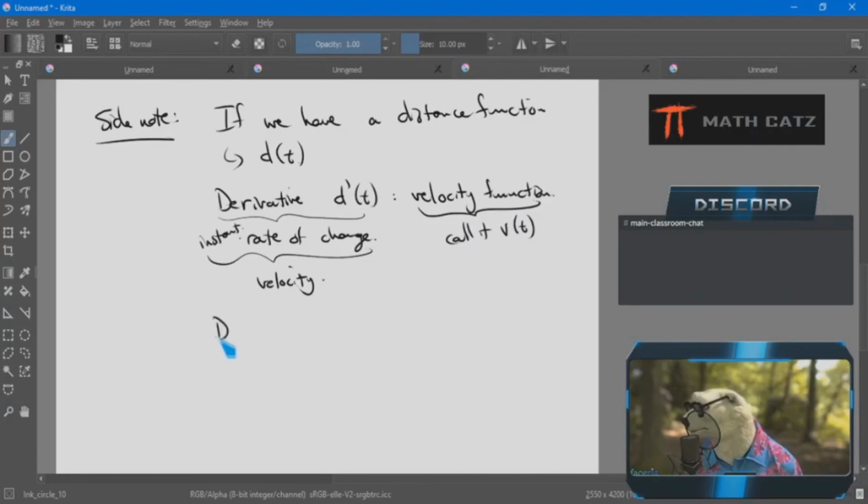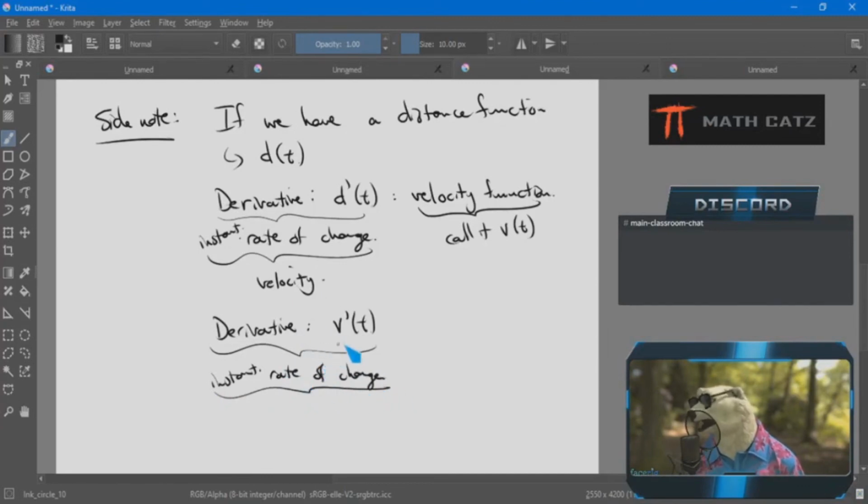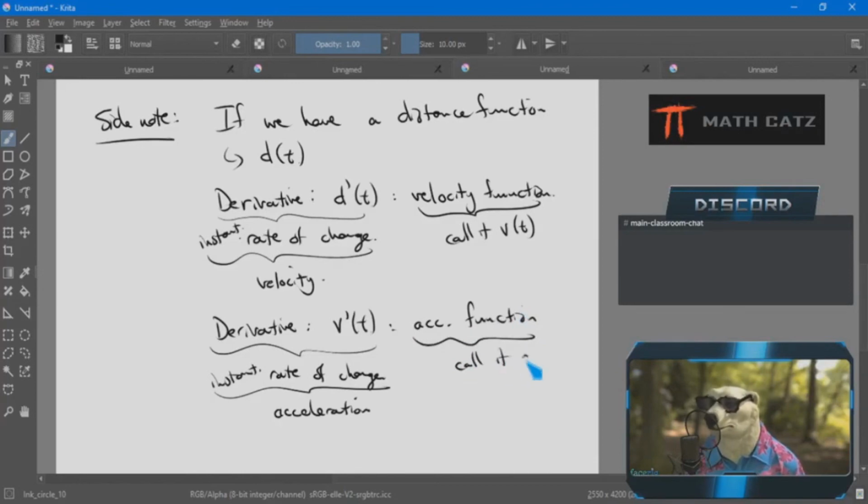If I look at the derivative of velocity, which means v prime, then that is the instantaneous rate of change of velocity, which is acceleration. So they are related by way of this derivative again. We can call it a of x, a function or whatever.